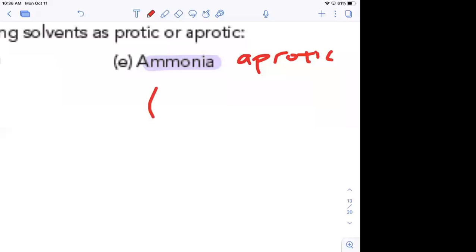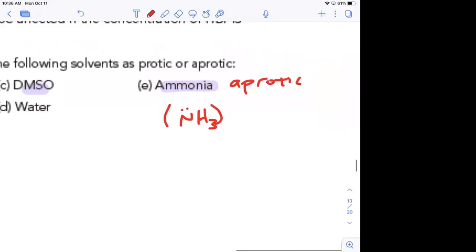I know it's tempting to think that ammonia is protic because it has hydrogens on it, but those hydrogens that are on ammonia, the pKa is somewhere between 35 and 45, so they don't come off readily. They have to be pulled off by a very, very strong base.